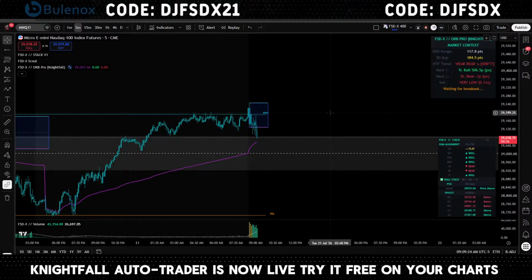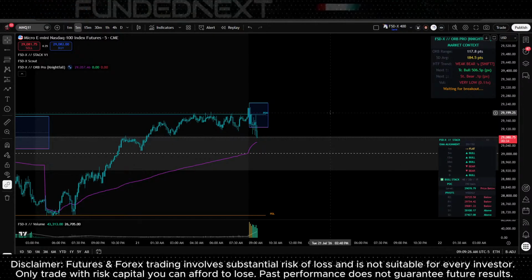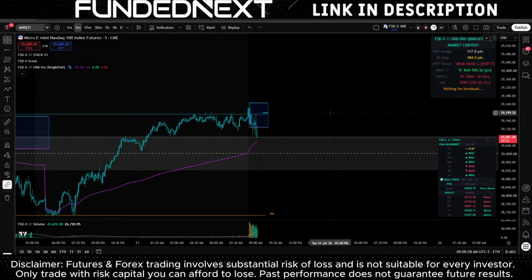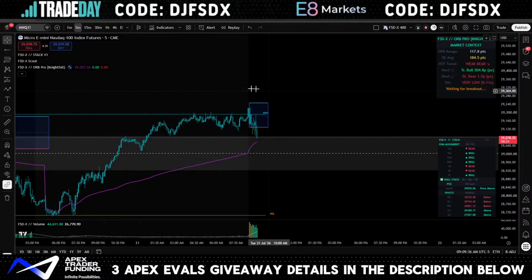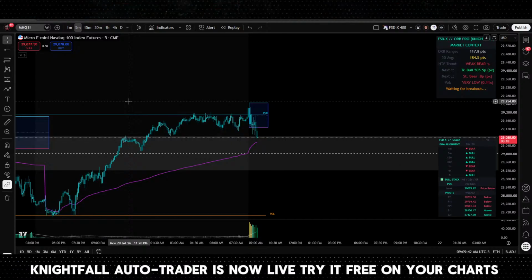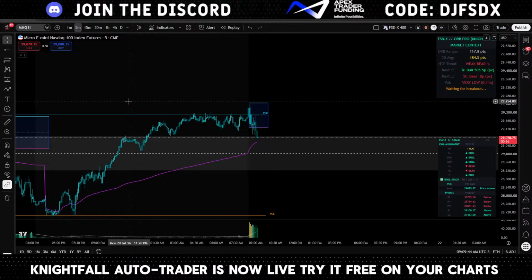Yeah, looks like we're pushing down now. Nice retest there. Not a bad break and retest trade, but I still don't like where VWAP is, even if we were trying to take that. Unless we just blow through it.